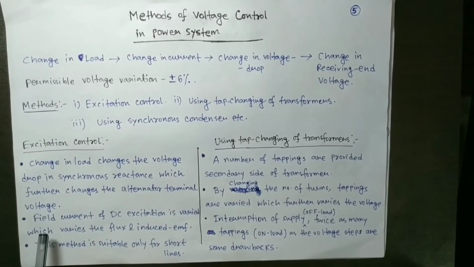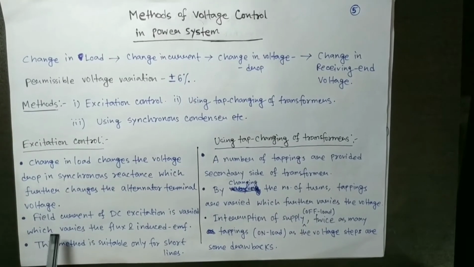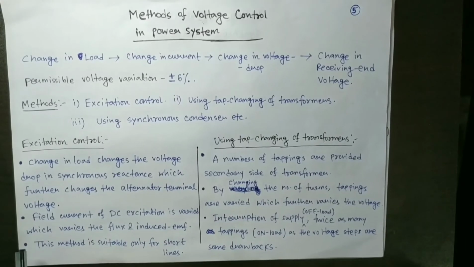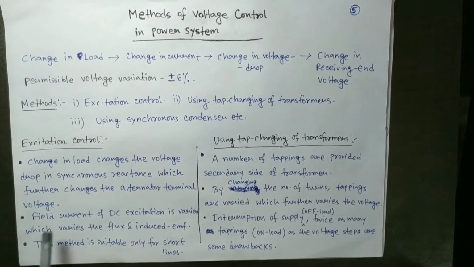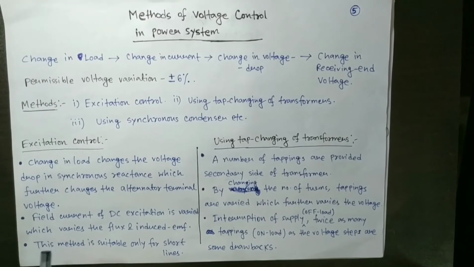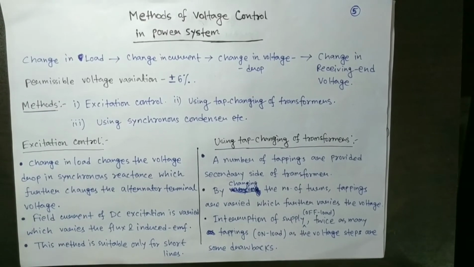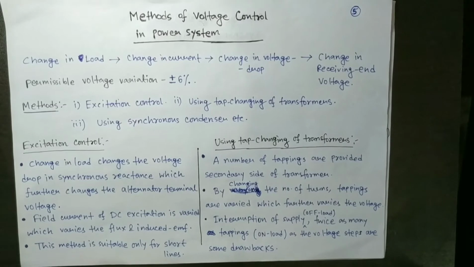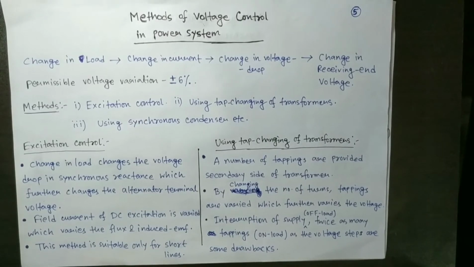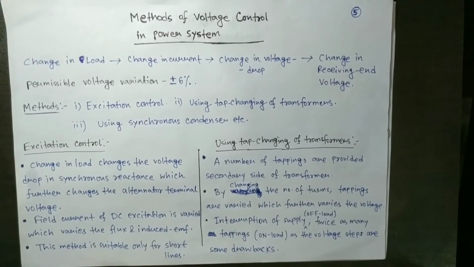So what can we do for this? We can change the DC excitation of the alternator, or we can change the field current. By doing this, what we can achieve is, suppose your load is increased, which results in a reduction in receiving end voltage. So you need to increase the voltage to the desired value.